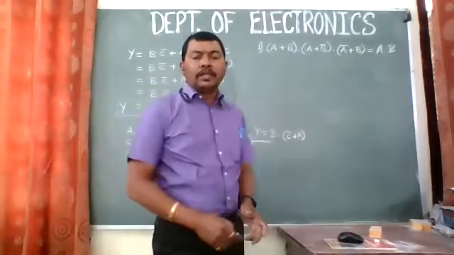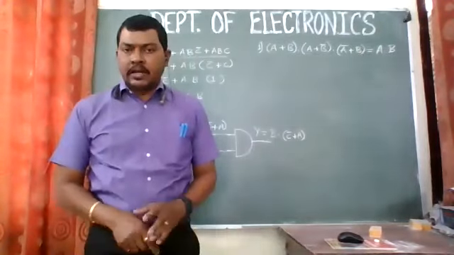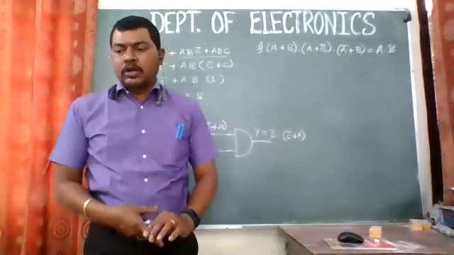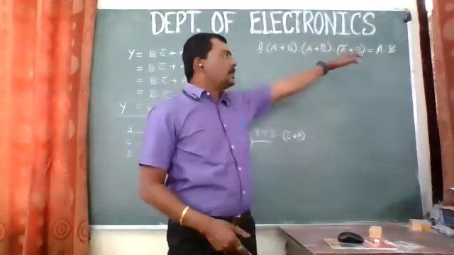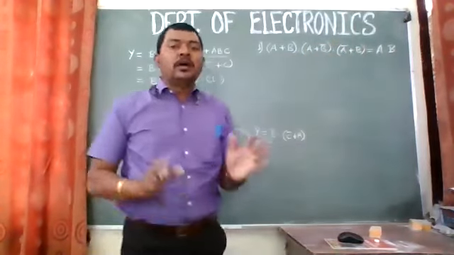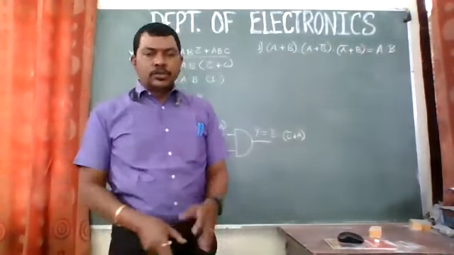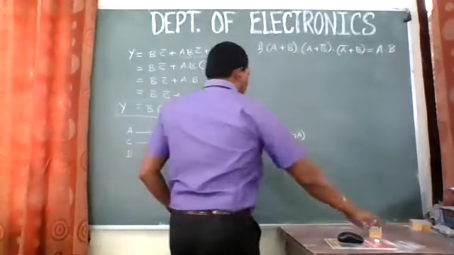This is what is to be proved. We need to prove this by using the Boolean laws, and show how this equation can be simplified to a dot b, and that is actually an AND gate, right? So let us try with that.